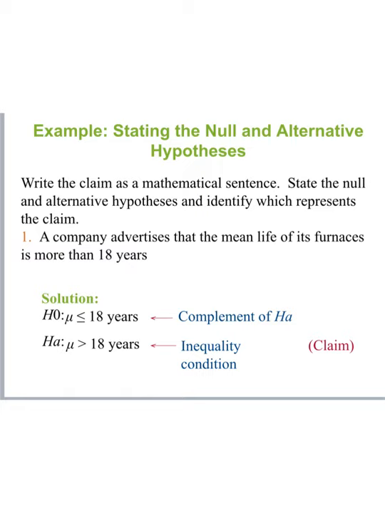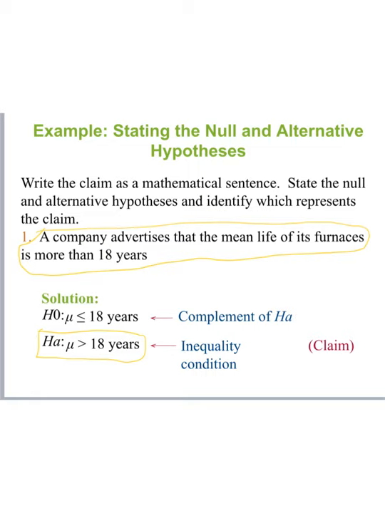All right, so here's a third example. A company advertises that the mean life of its furnaces is more than 18 years. Okay, more than. There was no equal sign, so this component goes into the alternative because it does not contain the equal sign.